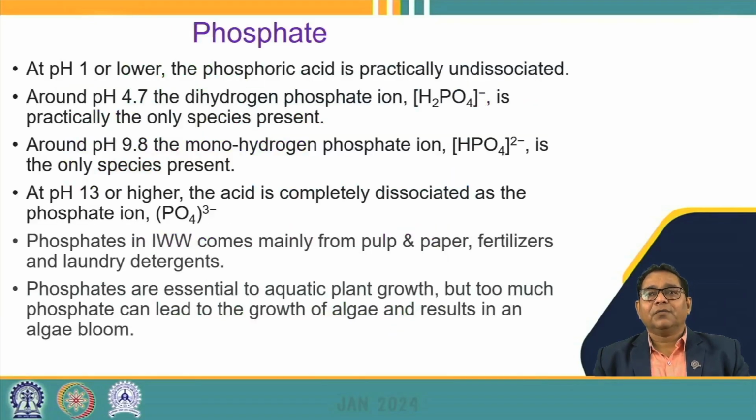So let us talk about the phosphate. Phosphate, again, is present in different forms depending upon the pH condition of the wastewater. At very acidic pH, like at pH 1, phosphoric acid is practically present in its undissociated form.